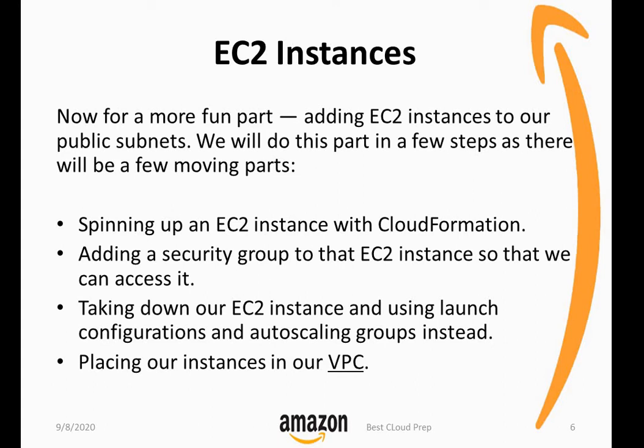Now for a more fun part, let's add EC2 instances to our public subnet. We have 2 public subnets and 2 private subnets. We will do this part in a few steps, as there will be a few moving parts. So let's jump right into it. We'll spin up an EC2 instance with CloudFormation, add a security group to that EC2 instance so that we can access it, take down our EC2 instance and use launch configurations and auto-scaling groups instead, and place our instances in our VPC.